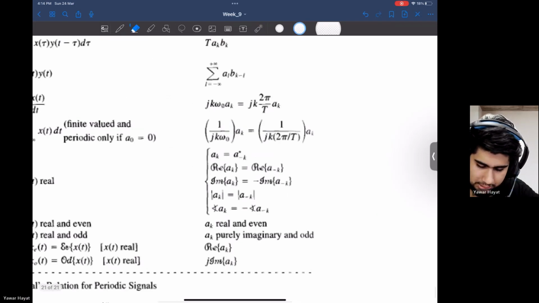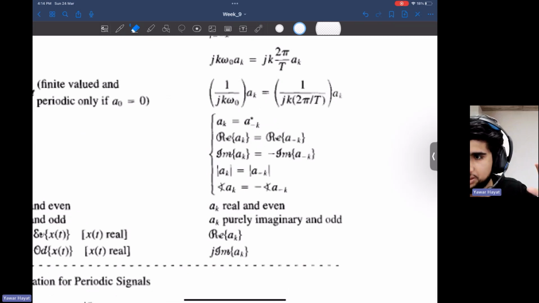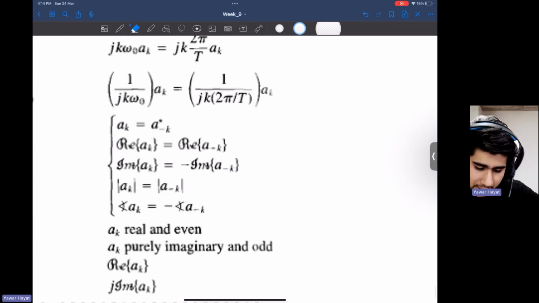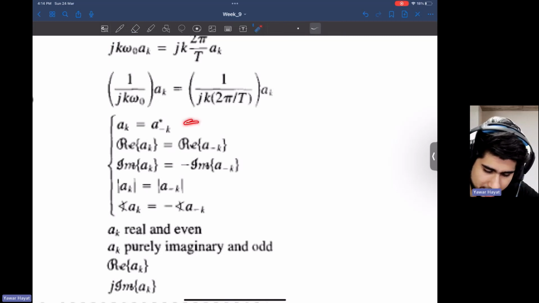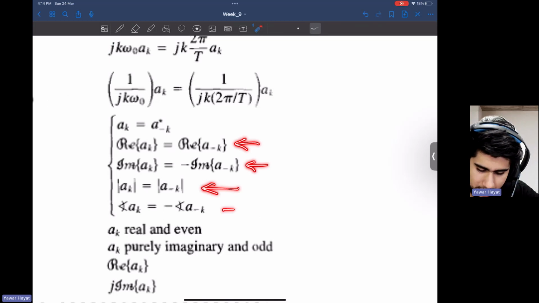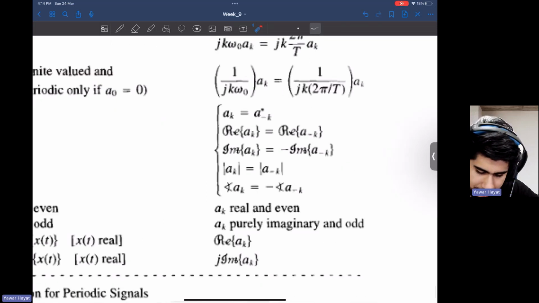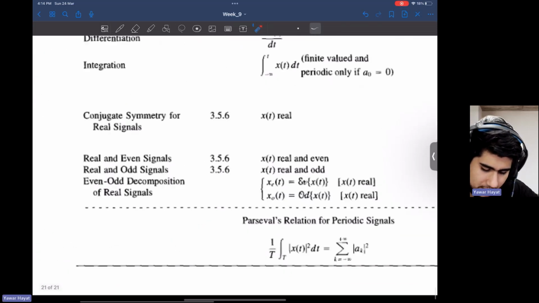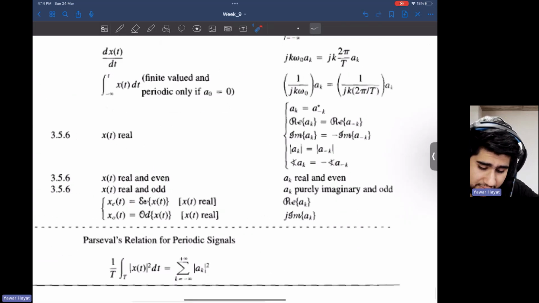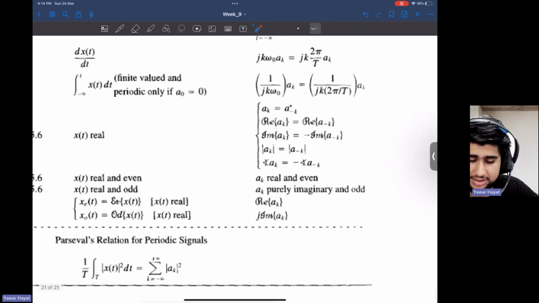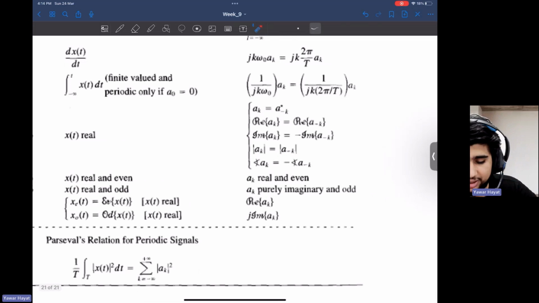So now think of this as follows. You will be given a question, like the one we saw previously. The question was given on this property, but a question can be asked from any of these properties. So keep the picture clear in your mind. What if we have a real and even signal? In that case, a_k is real and even as well. What do we mean by even a_k? Real we understand.